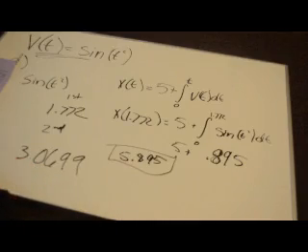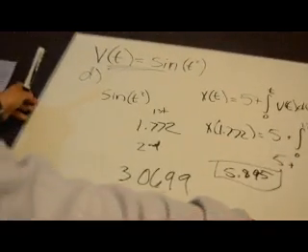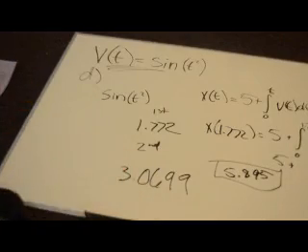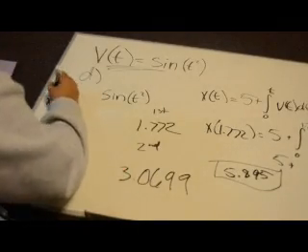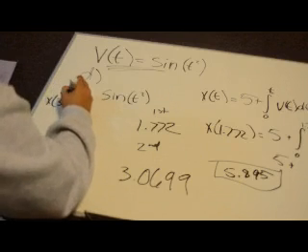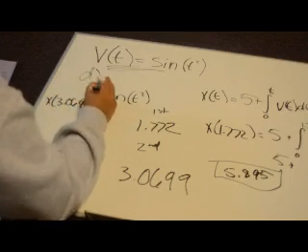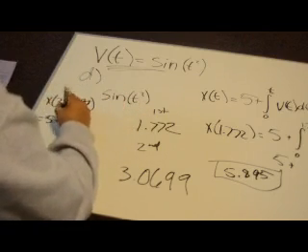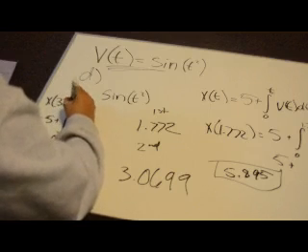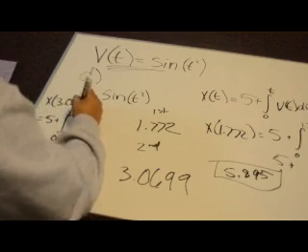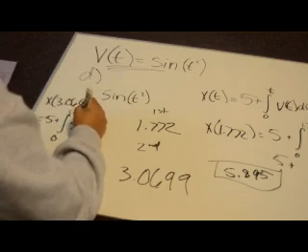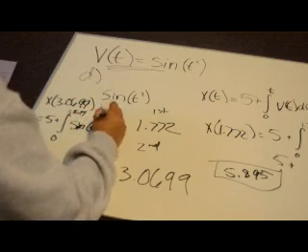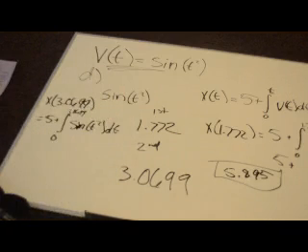We got to see if the other one is more max. So x of 3.0699 equals 5 plus the integral from 0 to 3.0699 of sine t squared dt.